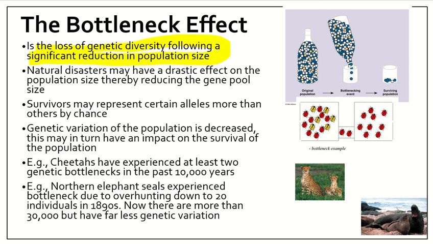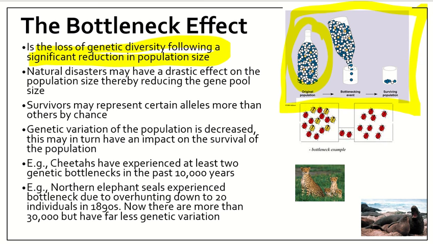If you look at the picture here at the top, you have an entire bottle of different random beads. If you're talking about them as a plant species or an animal species, we are assuming that the majority of the bottle does not survive the catastrophic event that reduces the population. So now we have a very, very small sample size, and during that reduction you've lost a lot of the traits that were there.